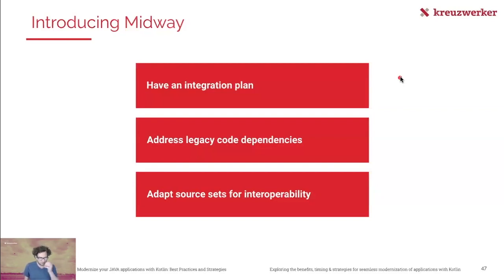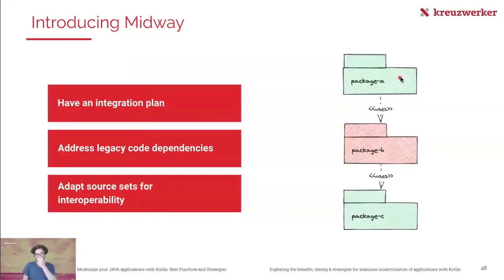There are some more annoying problems possible. For example, if your Kotlin code calls a Kotlin interface, but this interface is implemented in Java, then yeah, this can cause also trouble. And for that, having this integration plan helps to avoid these kinds of problems.